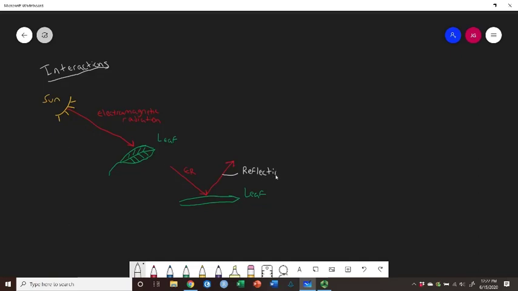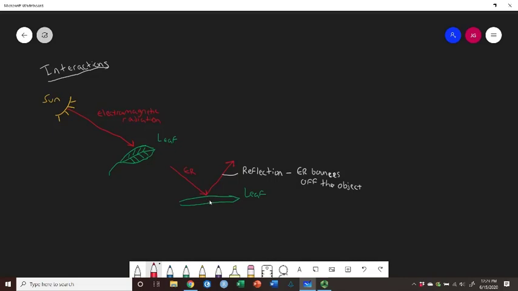Reflection: the ER bounces off the object. That's the first thing that can happen.